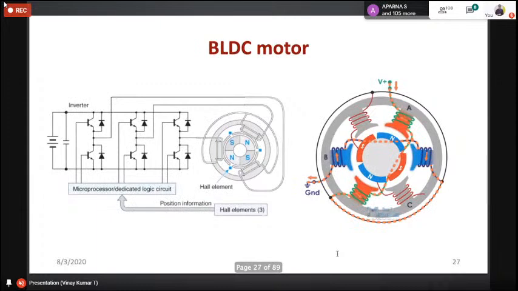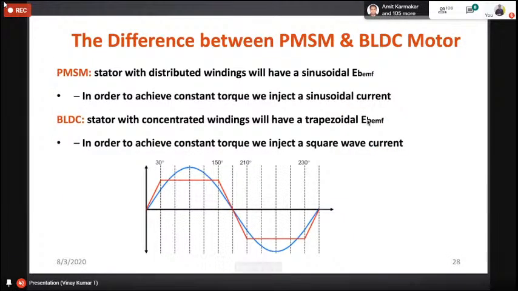Coming to the BLDC machine, the rotor core is cylindrical. Permanent magnets are placed on the rotor core surface, but the stator poles are projected type. Stator winding is also concentrated winding. Many scholars and researchers still have doubts.